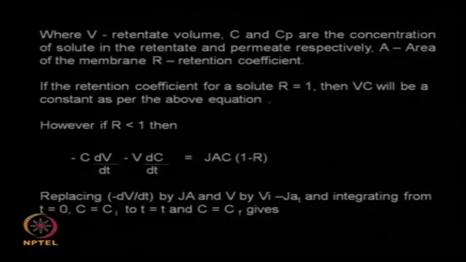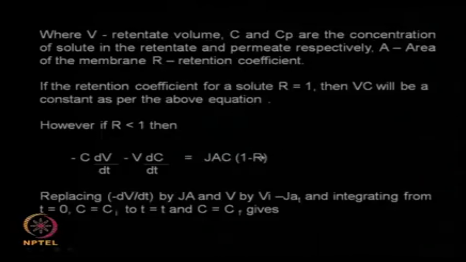So what we have is an equation here. This equation tells you how the changes in the filtration rate or the changes in the concentration affect your flux. That is what this particular equation tells you, and this equation is valid if R is less than 1.